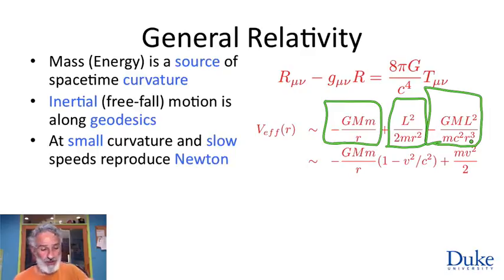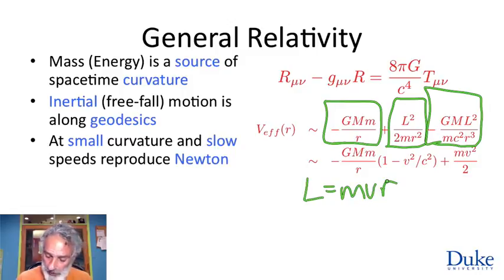This becomes a little more sensible if you make the somewhat unjustified statement that the angular momentum is mvr. This is true for motion in a circular orbit. Plugging L equals mvr into this equation simplifies things a great deal.